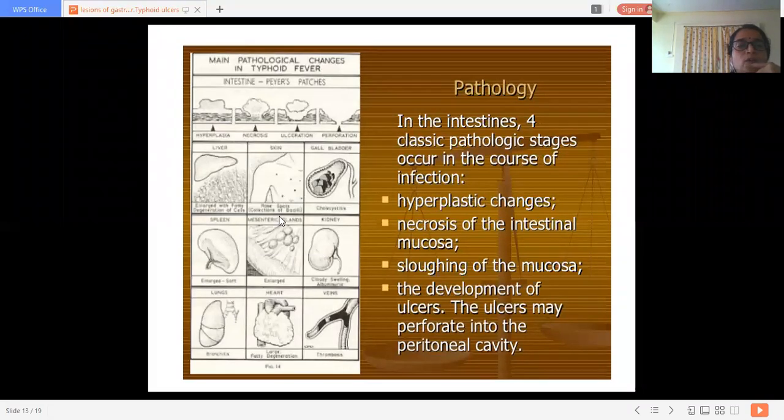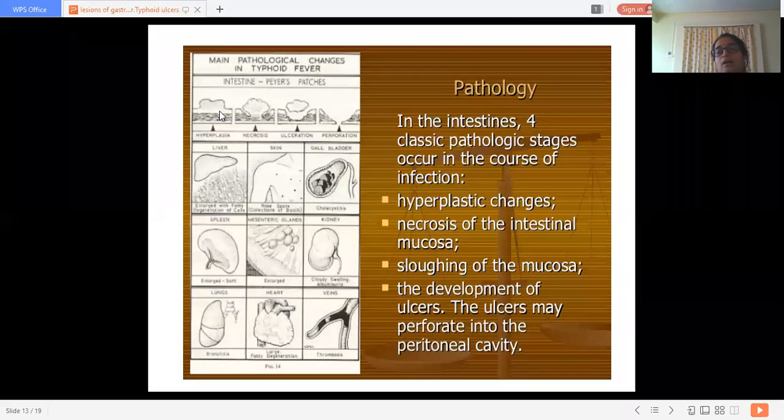All these organs are associated with this pathology. So first there is hyperplasia, then necrosis, ulceration, and perforation. These are the four stages of typhoid ulcers.